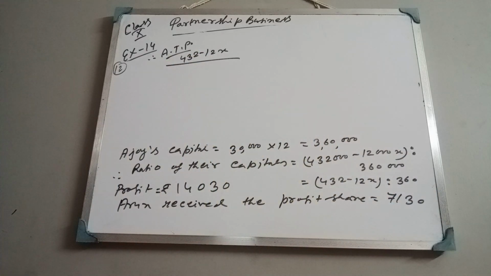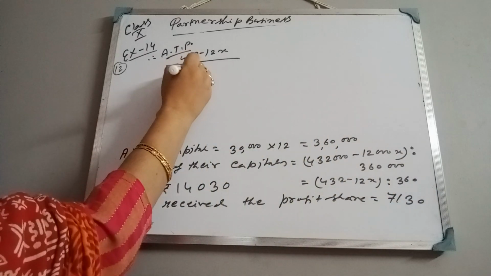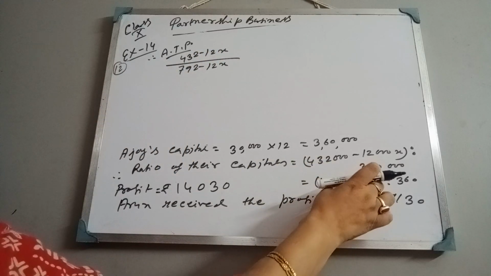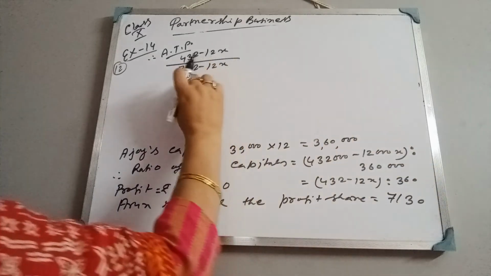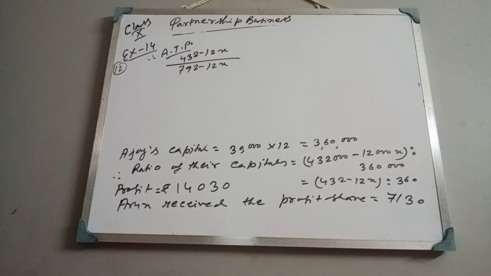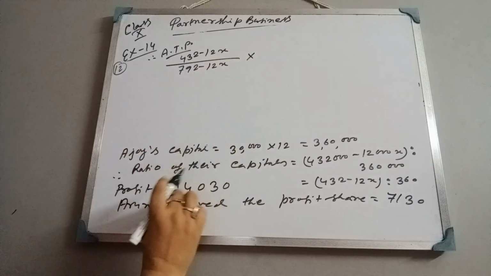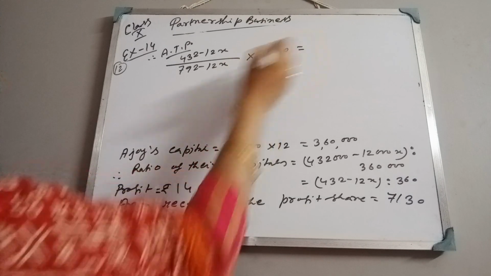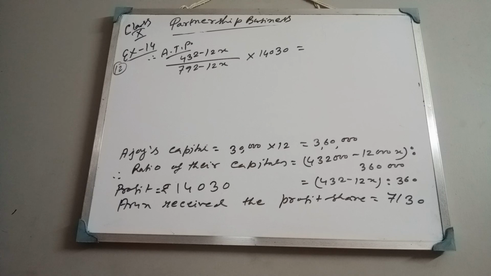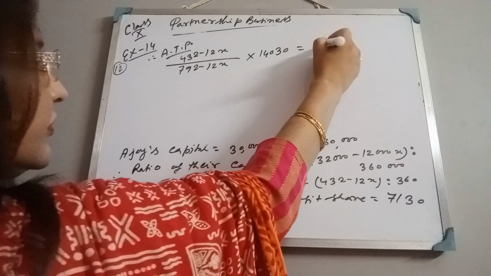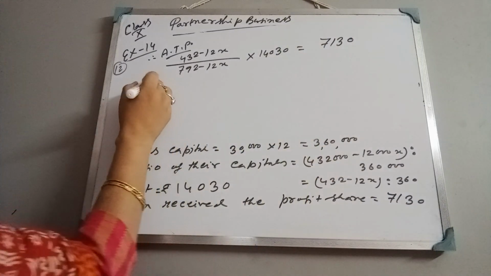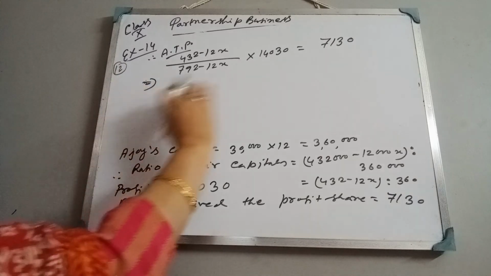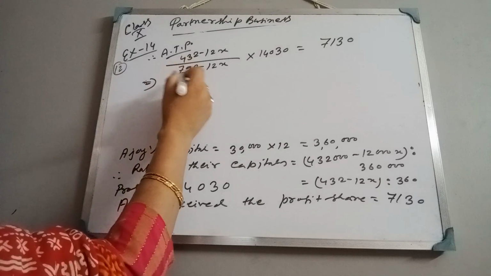So this we will get as 792 minus 12x. This total part, first part plus second part, is 792 minus 12x into the profit already written, 14030, is equal to 7130. Got it? Now from here we have to find the value of x.